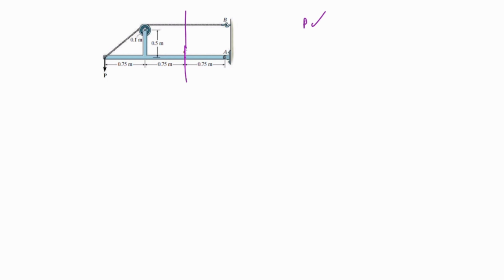If I know P, because of having a cable over here, I know when I cut through this, I have P over here as well. Meaning that we don't need to solve the whole structure at the beginning, and it's fine to go ahead with this cut.